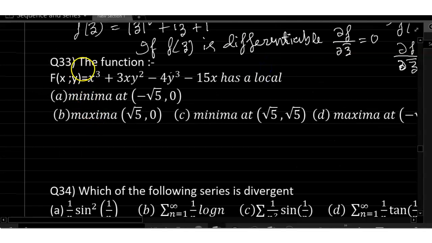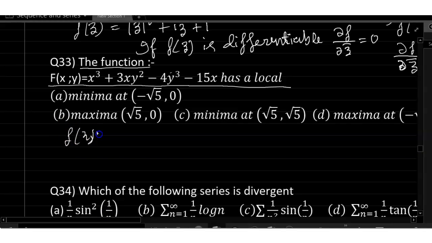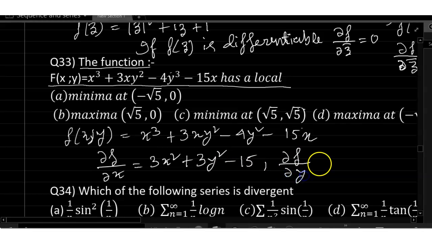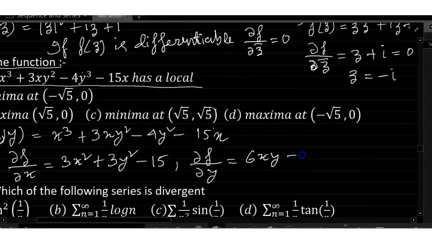Now the function f of x comma y has local minima and maxima. So friends, my f of x comma y is x cube plus 3x y square minus 4 y square minus 15x. So del f by del x is equal to 3x square plus 3y square minus 15 and del f by del y is equal to 6xy minus 8y.